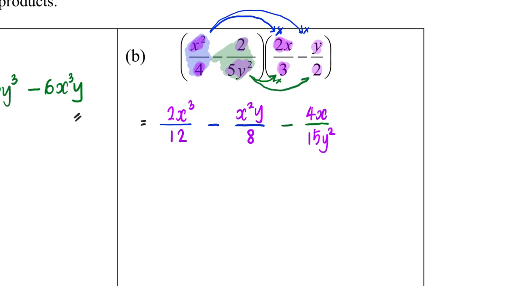Negative multiplied by negative will give me positive. Numerator multiplied by numerator, this will be 2y. Denominator multiplied by denominator, 10y squared.